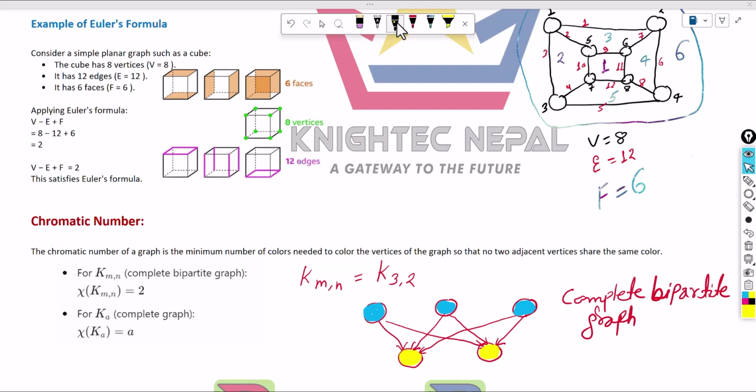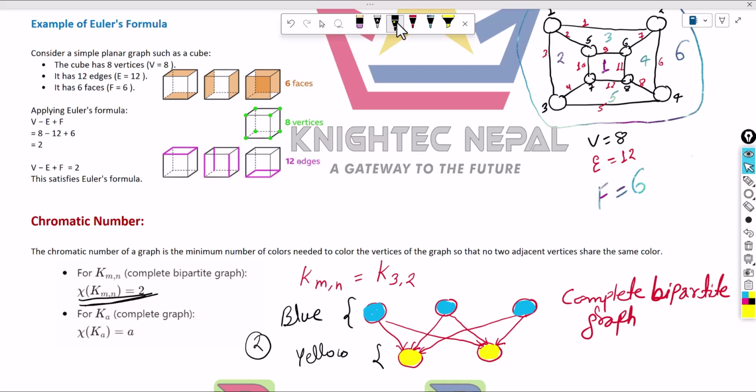We have a blue color here, and we have another subset that is yellow. So we just use two colors. So this shows that the chromatic number of Kmn equals 2. So we must use two colors. One subset has one color and another subset has another color.